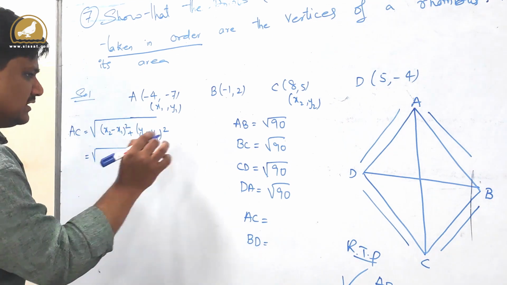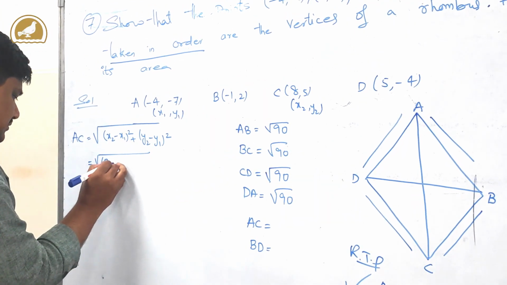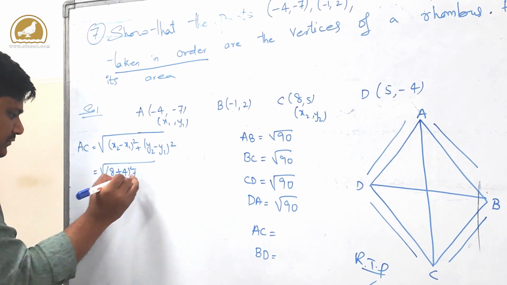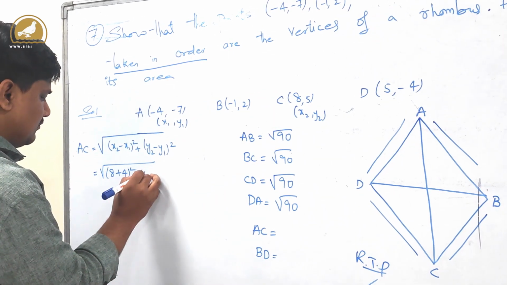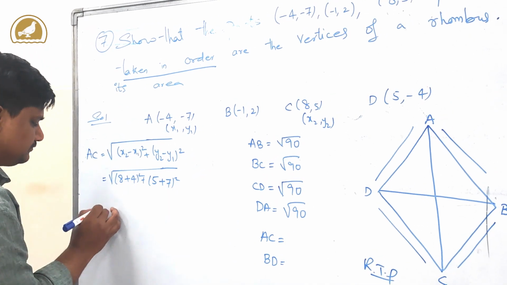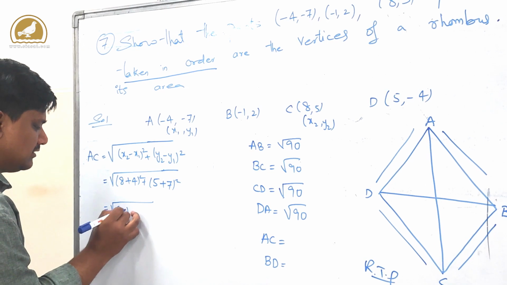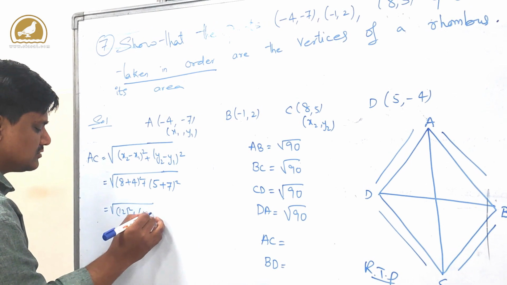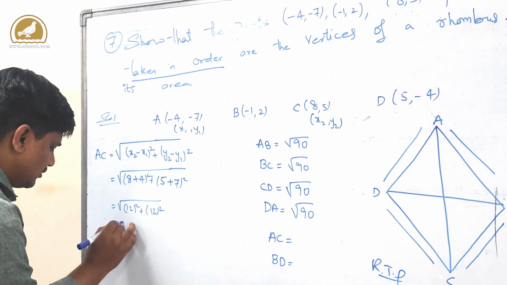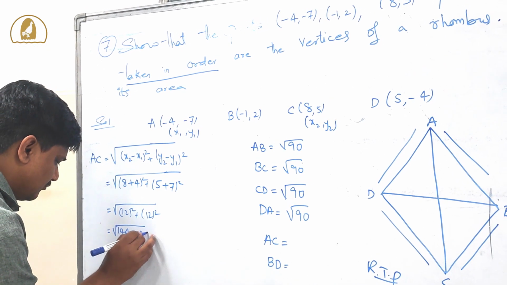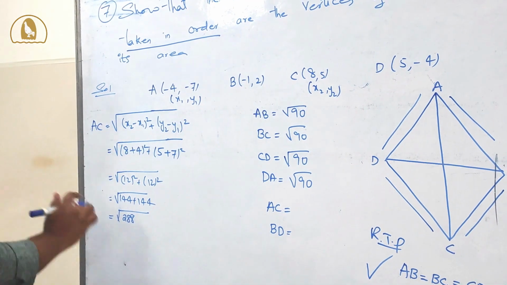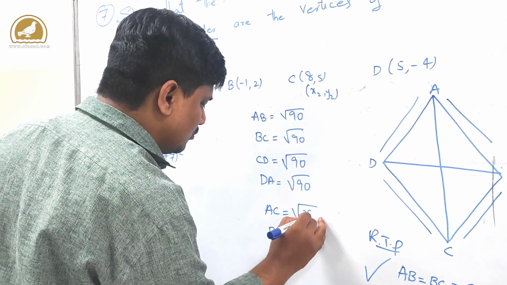Substituting, x2 value is 8 minus x1 value which is -4, minus into minus plus 4. y2 is 5 minus y1 which is -7, so plus 7. 8 plus 4 is 12, 5 plus 7 is 12. 12 square is 144. 144 plus 144 is 288. So we got the AC value as under root of 288.